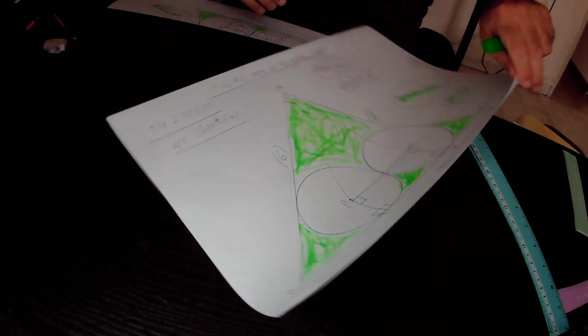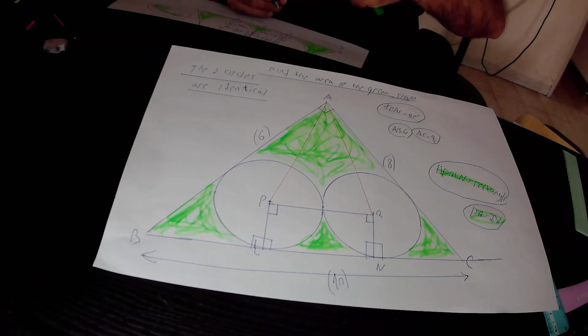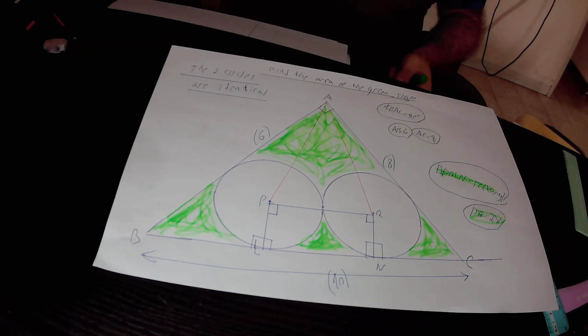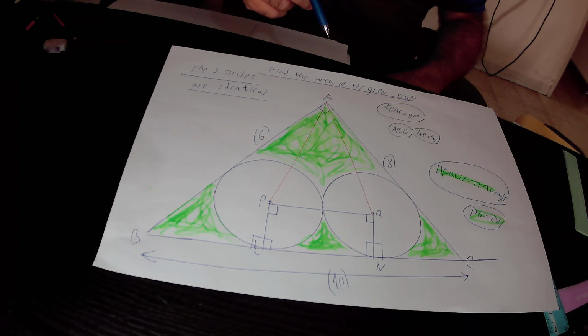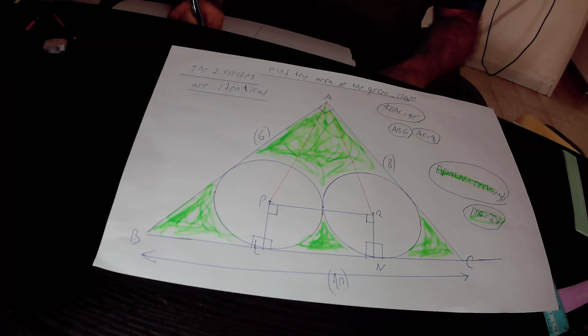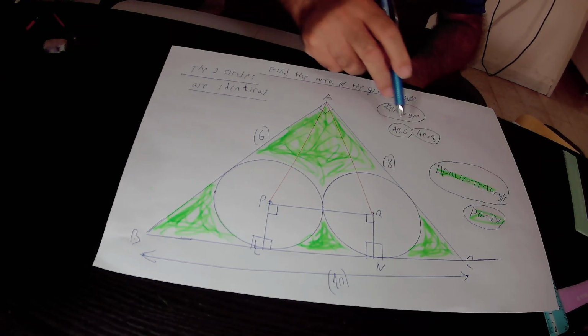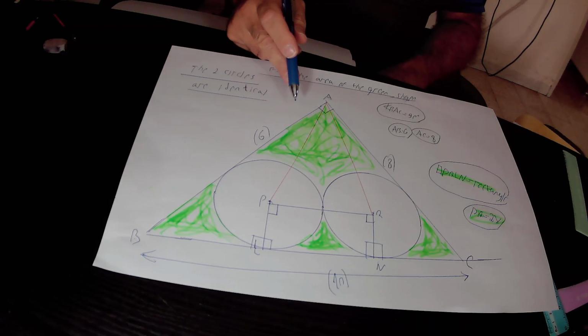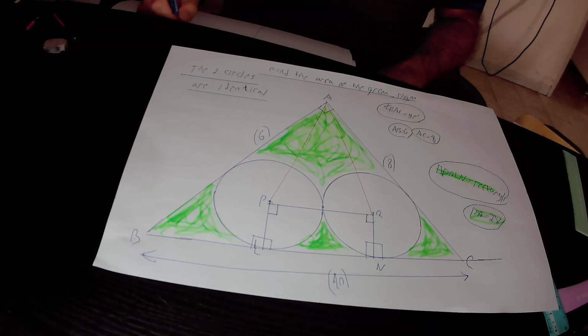First of all, what is the area of this triangle, triangle ABC? The area of any triangle equals the base of the triangle times the height over 2. We choose the base of this triangle ABC to be AB, times the height AC, because it is perpendicular to the base, over 2.